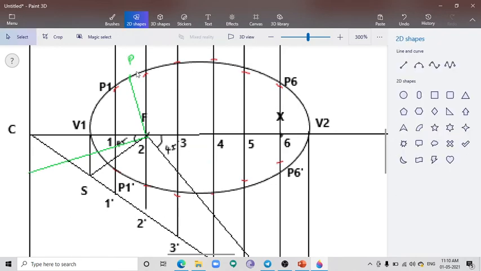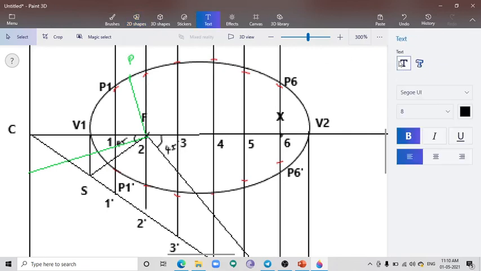The angle between this line and this line should be 90 degrees. This point is to be named as Q.